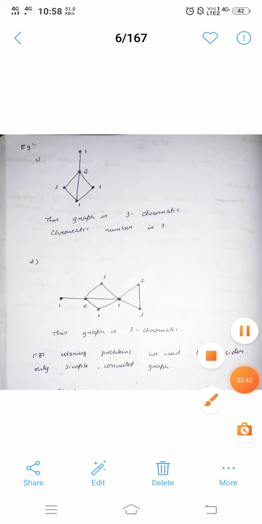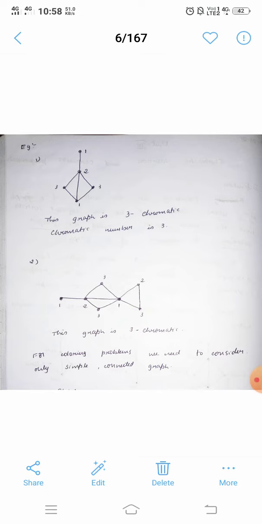Also, we are not considering self loops and parallel edges here, because to prove some of the theorems, it will give us a contradiction. So we are restricting the self loops and parallel edges here.